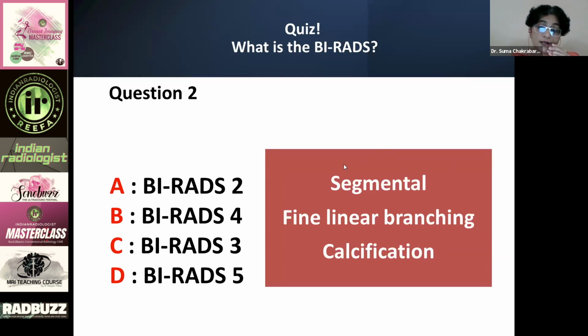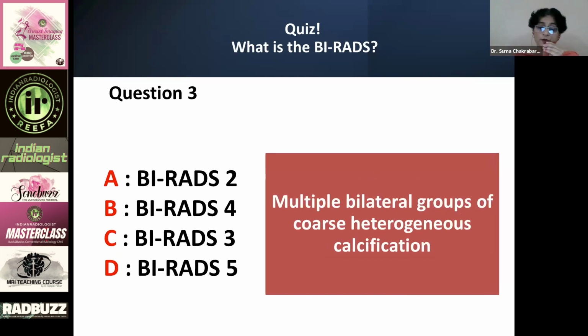Segmental is the worst distribution pattern, and the linear branching is the worst morphology that you can have. So the worst morphology and the worst distribution add up together to make it BIRADS 5. Okay, so we'll go to the last question now.